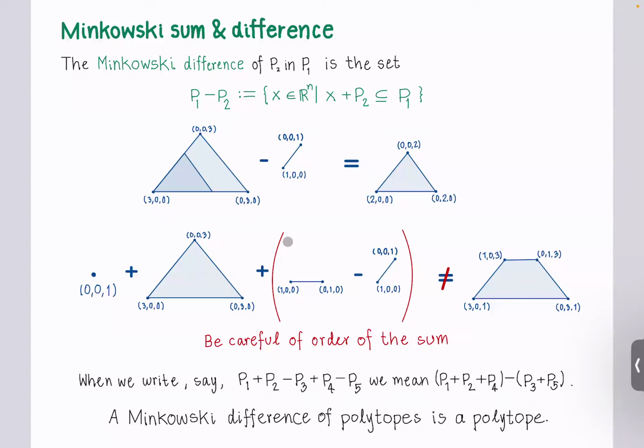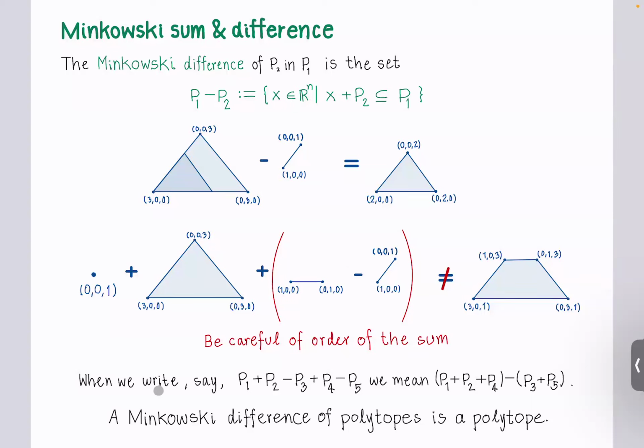For example, if I happen to do the difference of two polytopes in parentheses here, you can see that this gives you the empty set, and that's going to be bad because it doesn't make sense to take the Minkowski sum or difference when the polytope is empty. So yeah, you have to be careful with the ordering.